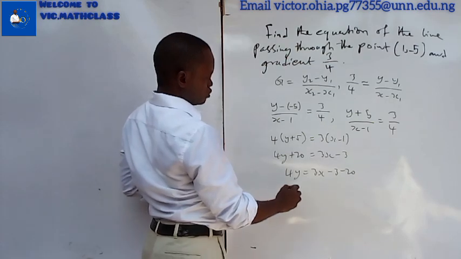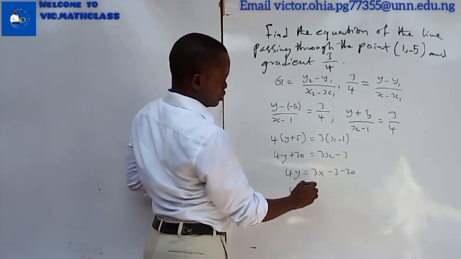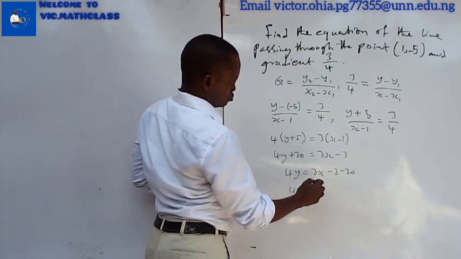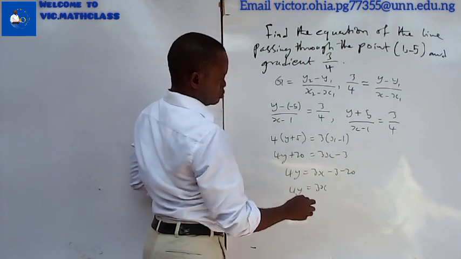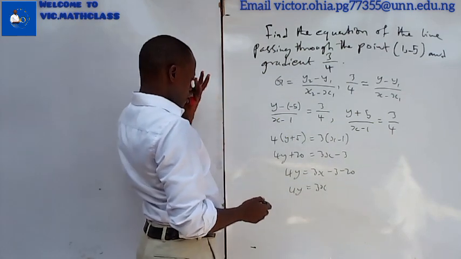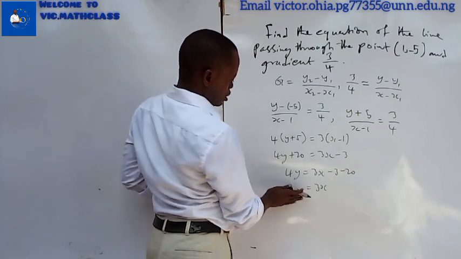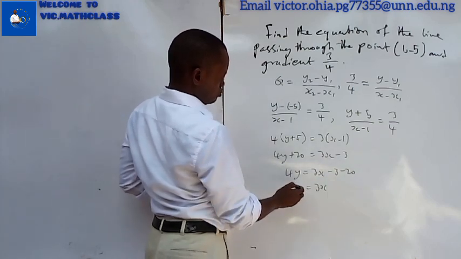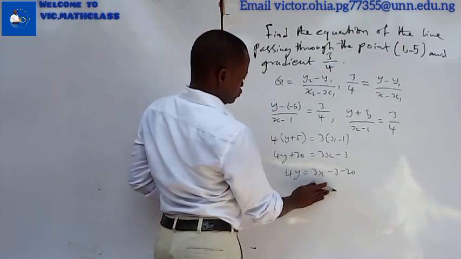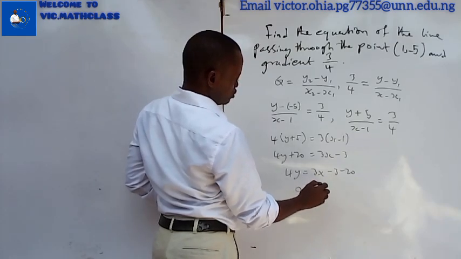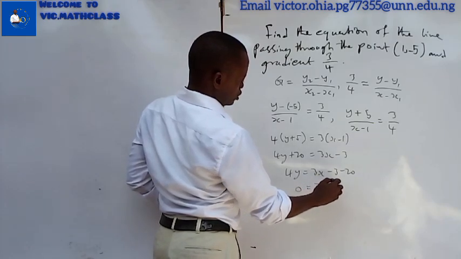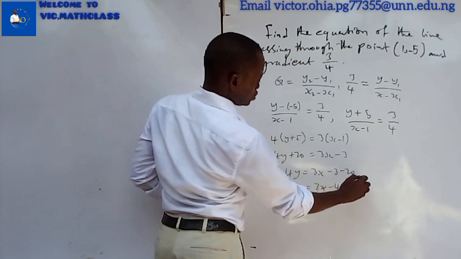Of course, it's going to give us 4y equals to 3x minus 23. If I feel like putting everything over here, I will have 0 here, and then write the positive value first, 3x minus 4y, then minus 23.